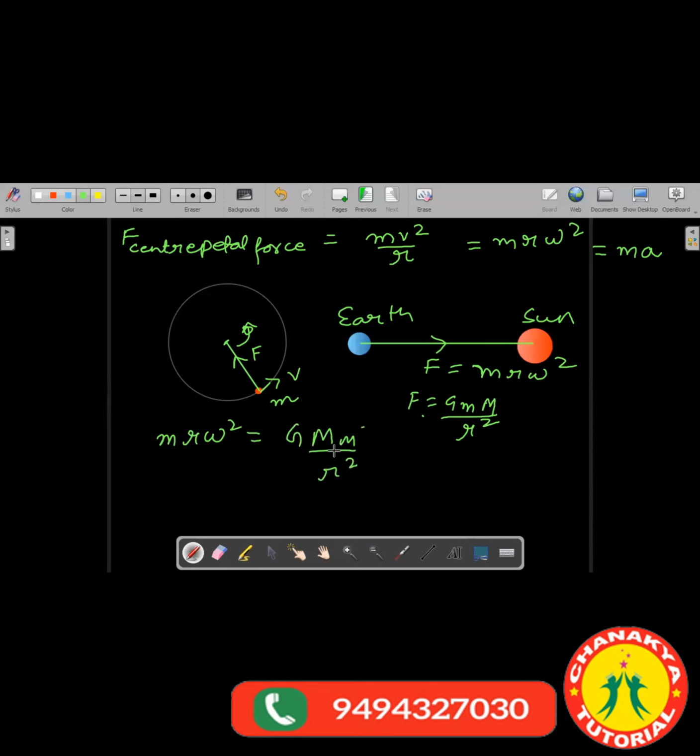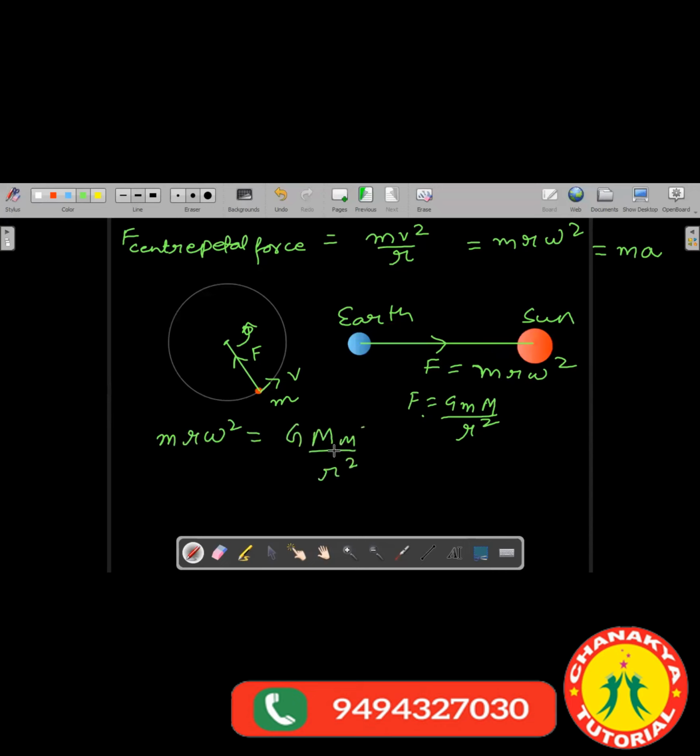Suppose if you have a car taking a circular turn, let us try to understand a car taking a circular turn here. So you have a car taking a circular turn here.